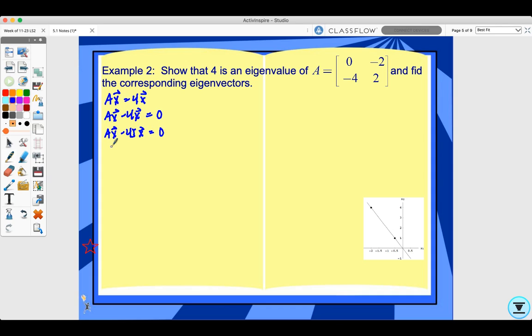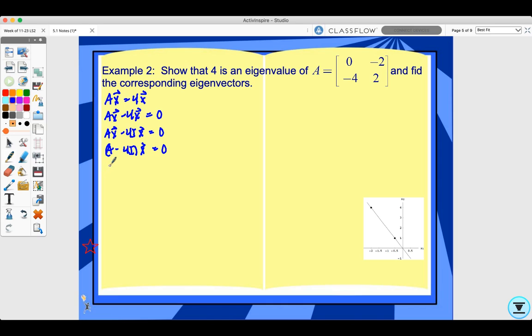So here, I would have A minus 4I times x equals 0. So here, to show this, I need to find A minus 4I. And that shows that 4 is an eigenvalue of that.